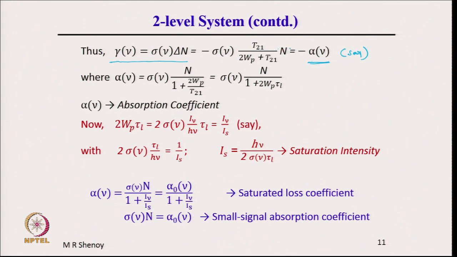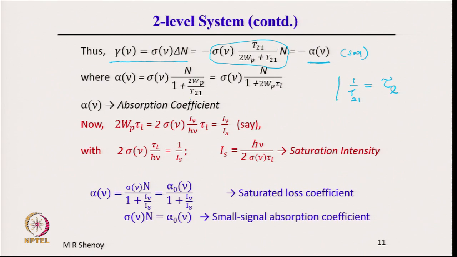So, alpha nu is equal to sigma nu into N, divided by T21 in the denominator. So, we get 1 plus 2Wp by T21, and 1 by T21 we have already seen is nothing but the lifetime of that level, tau L.